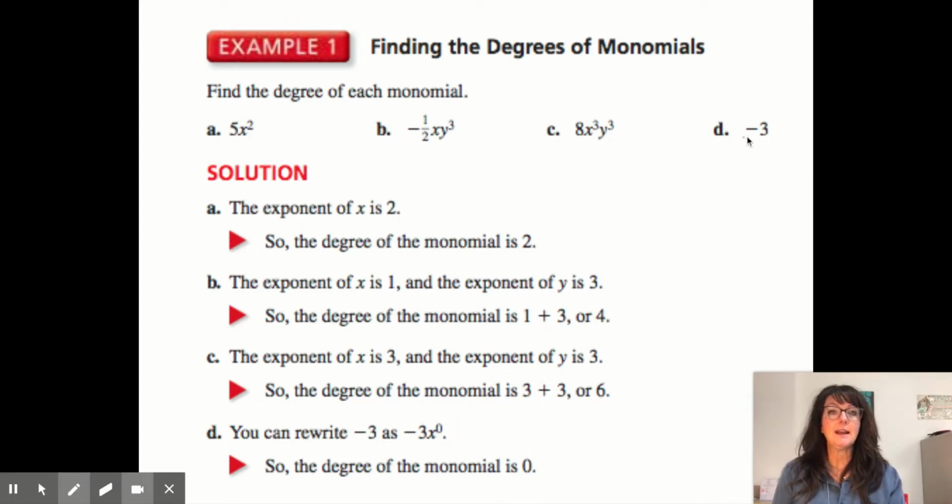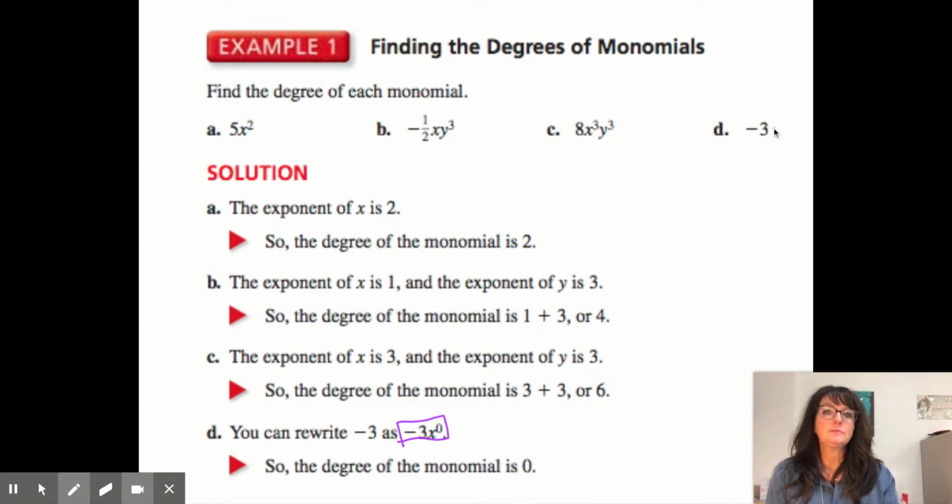For D, this negative 3 can be rewritten. So here's the reason why these numbers have 0 as the degree. It's because we can assume that the exponent is equal to 0 because we don't see the variable. Okay, does that make sense?